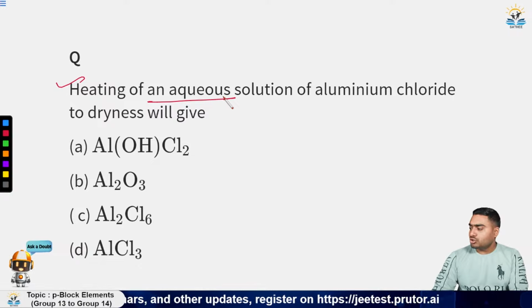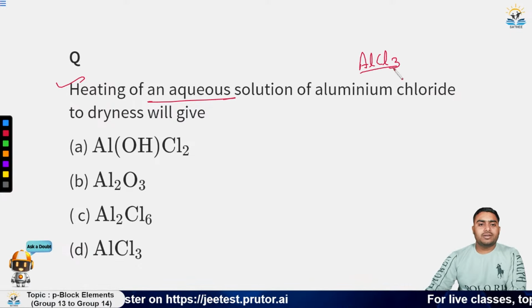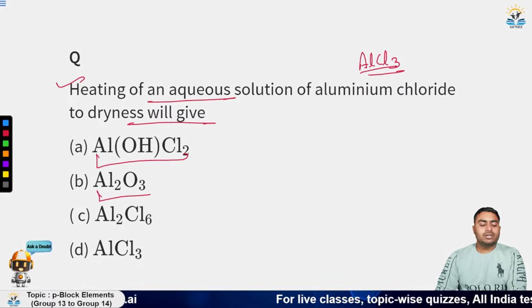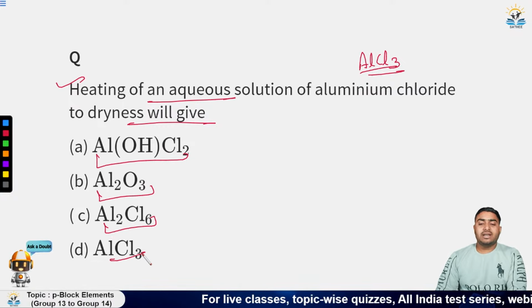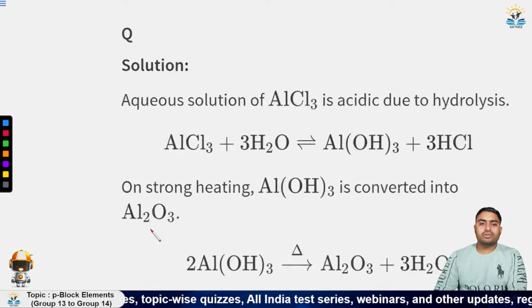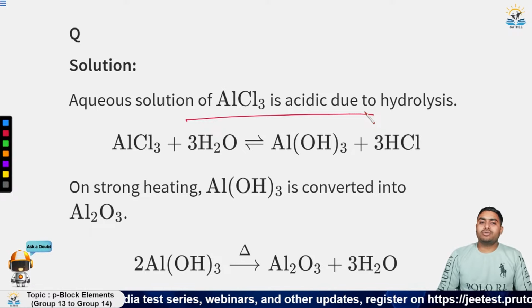Heating of an aqueous solution of aluminum chloride, AlCl3, to dryness will give AlOH Cl2, Al2O3, Al2Cl6 or AlCl3. If we are heating an aqueous solution of aluminum chloride, the solution is acidic due to hydrolysis.